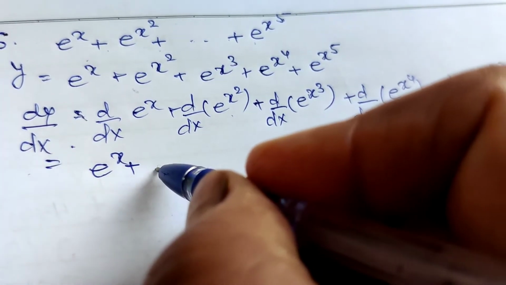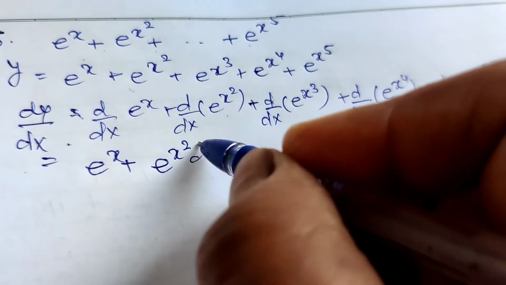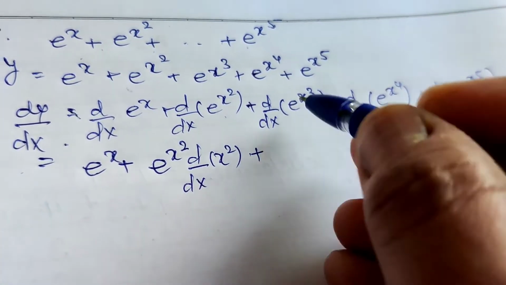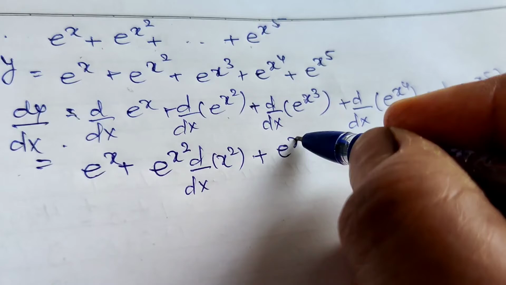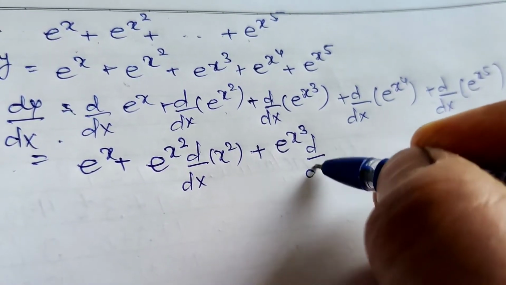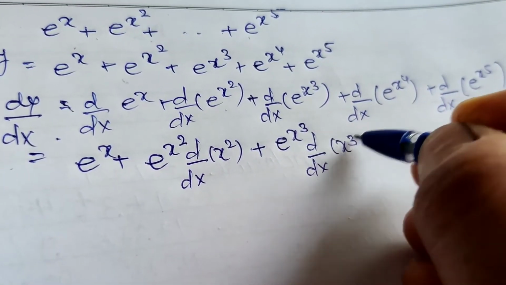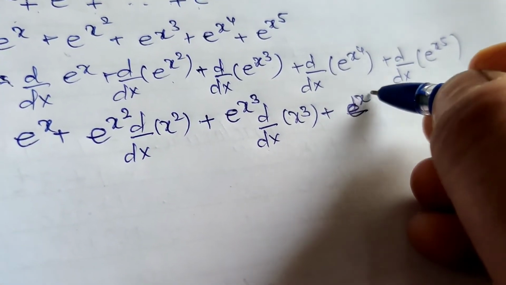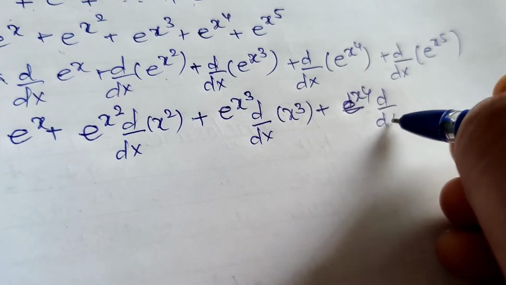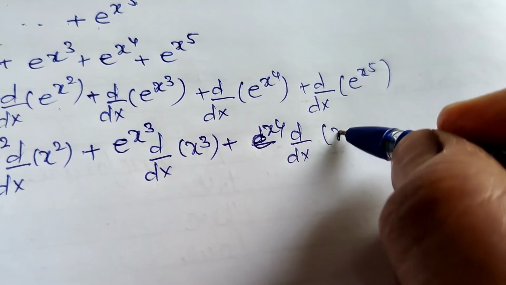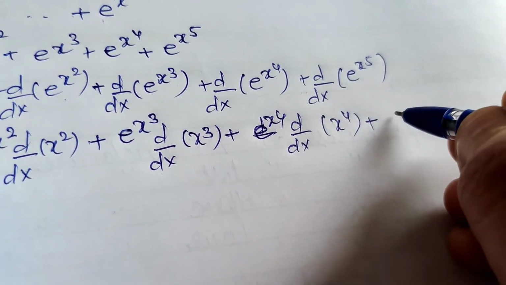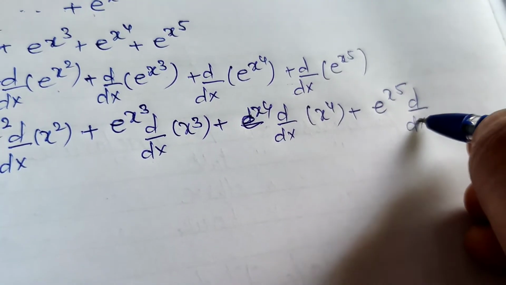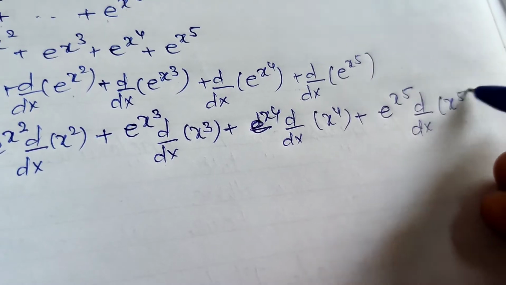Now first the differentiation of e raised to power x is e raised to power x. In this case by chain rule, d over dx x square. In this, e raised to power x cube and differentiation of x cube. Differentiate e raised to power x raised to power 4 and differentiation of x raised to power 4. And e raised to power x raised to power 5 and differentiation of x raised to power 5. Okay.